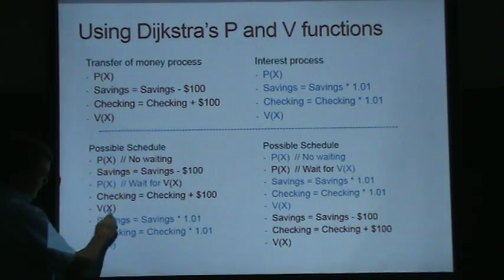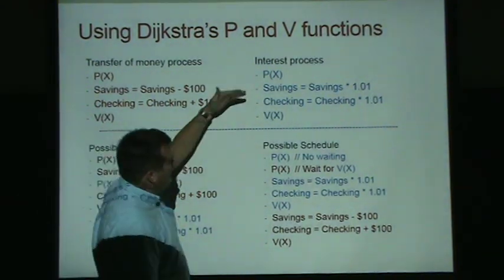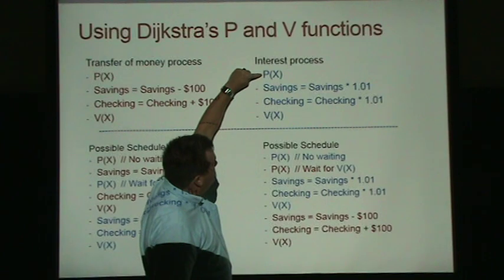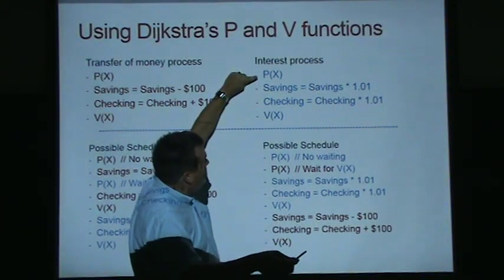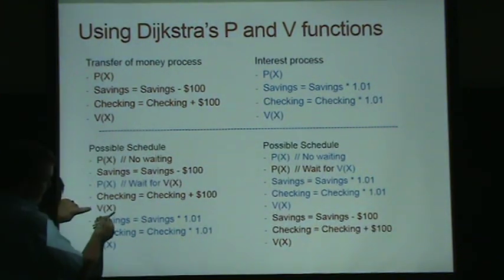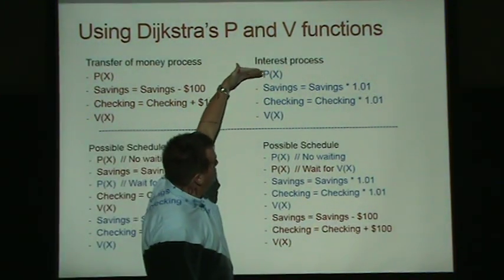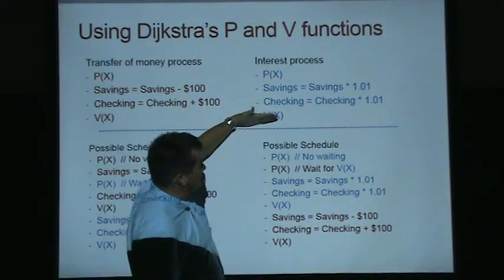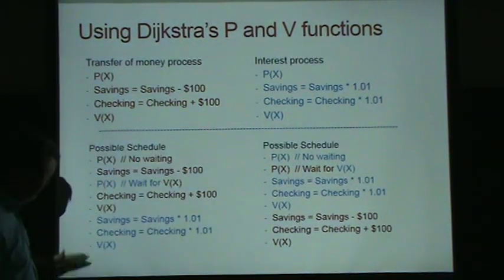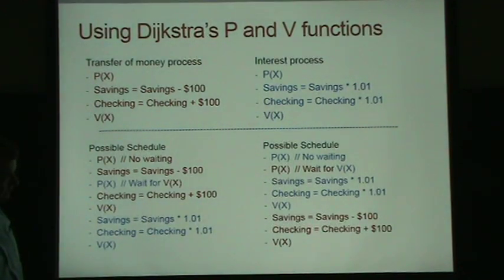So we issue the V of X, and now this thing can proceed. While this did the P of X, the operating system moved it onto the X queue, and while we did the V of X, the operating system moved it off of the X queue back onto the ready queue, and it just started running. So these lines just started running. And then these 3 lines ran, and we were done.